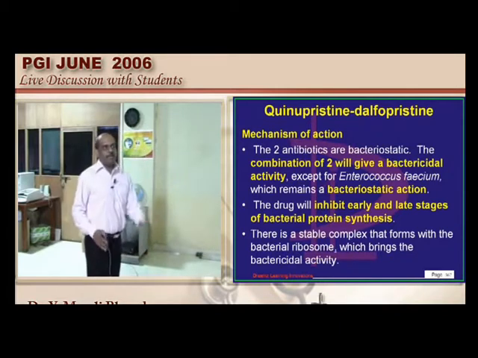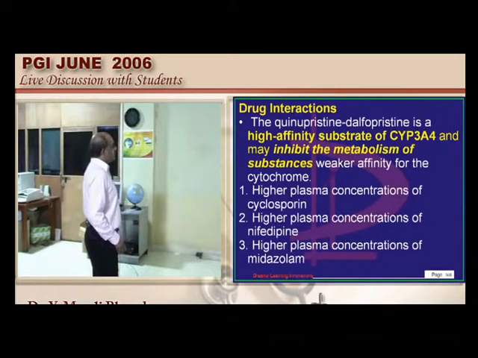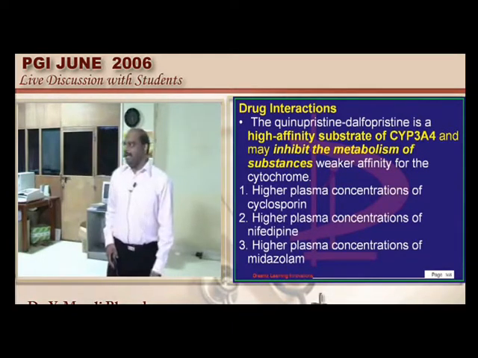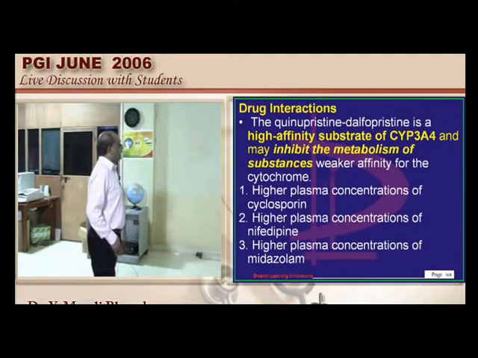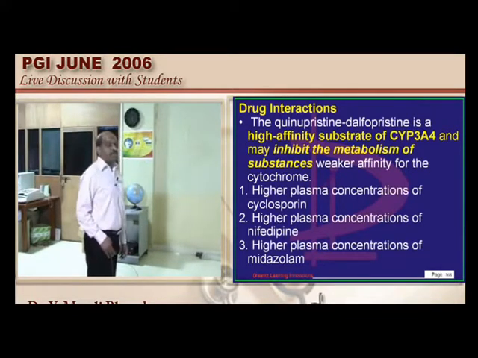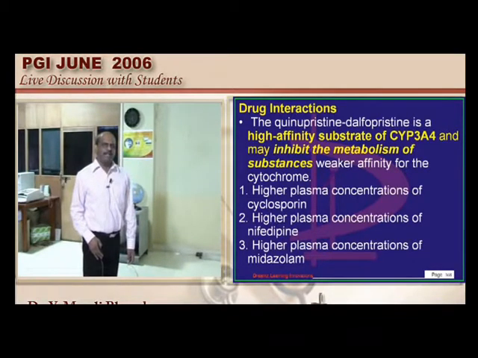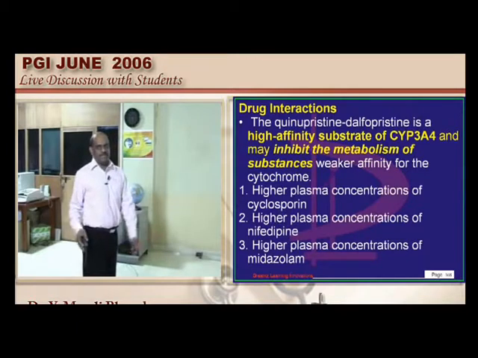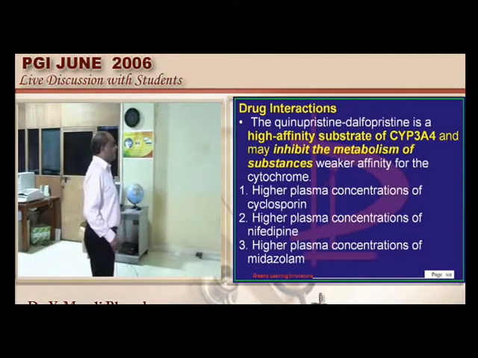But what you should never forget about quinupristin is that it has a high affinity to cause an inhibition of CYP3A4. So any other drug metabolized by CYP3A4 can become affected if you are using these drugs, just like rifampicin stimulates CYP3A4.